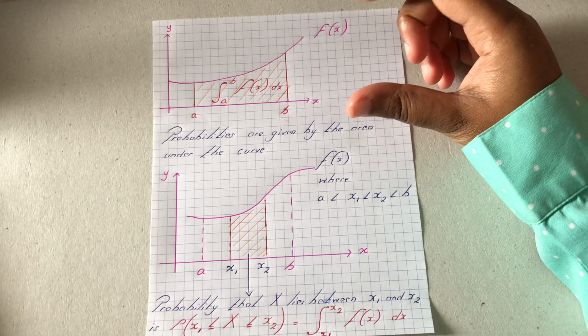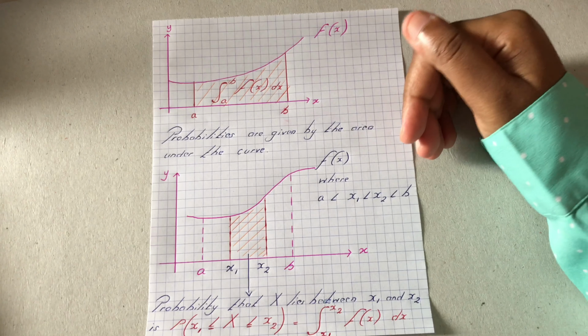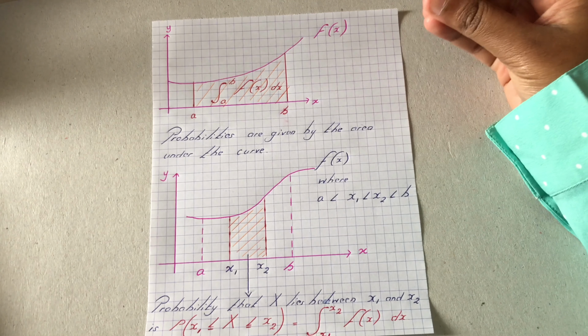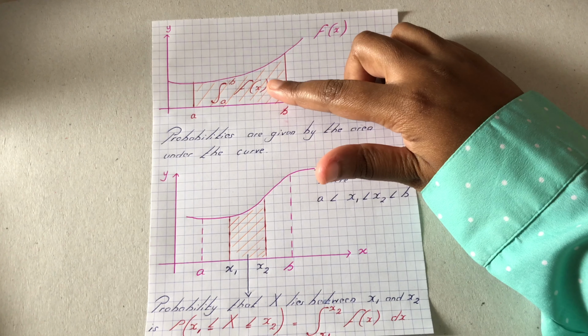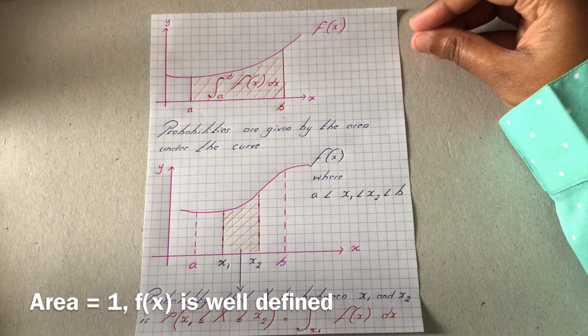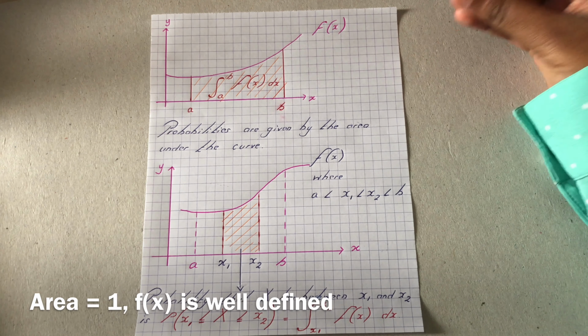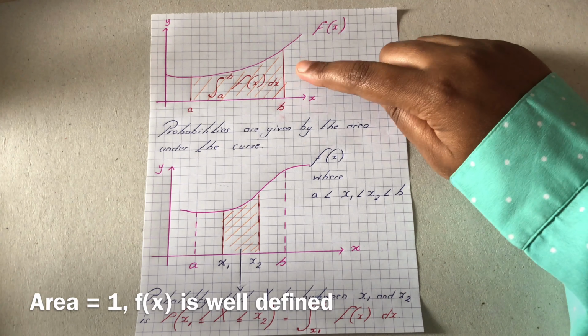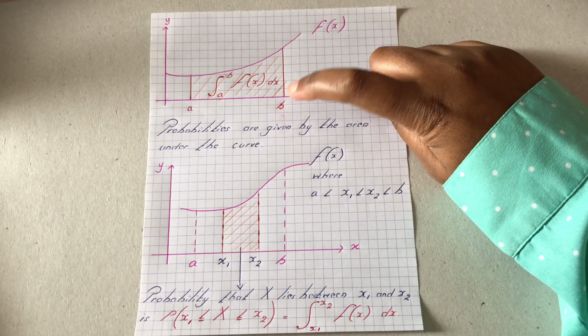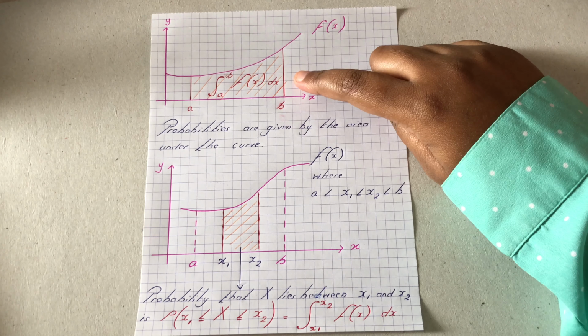And if we integrate the function from the lower limit a to the upper limit b, we should get 1. That is, the area of the shaded part here is 1. Since we are integrating all values of x, it represents that the function is well defined, since you are integrating from a to b, for which this function is valid.